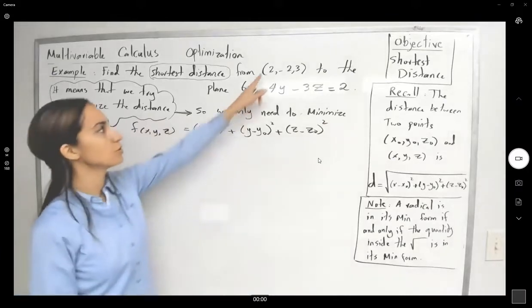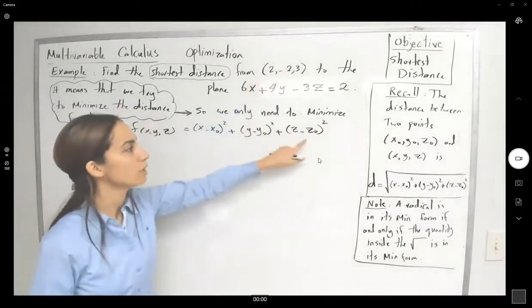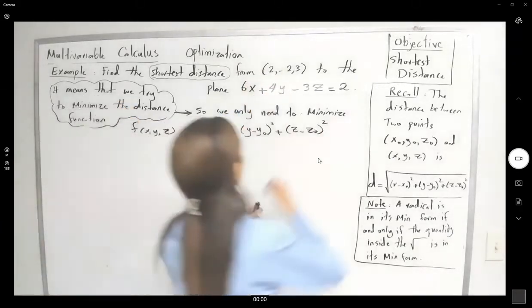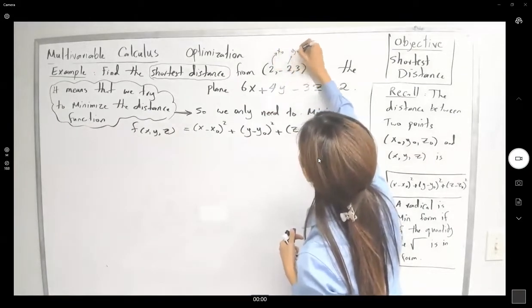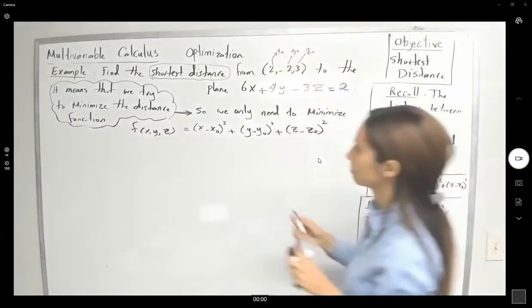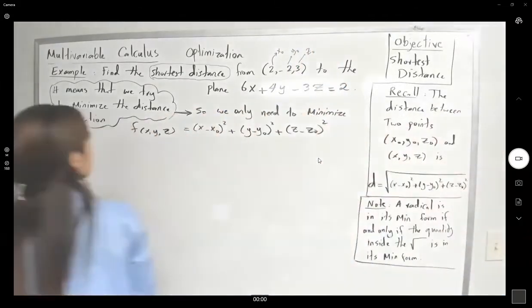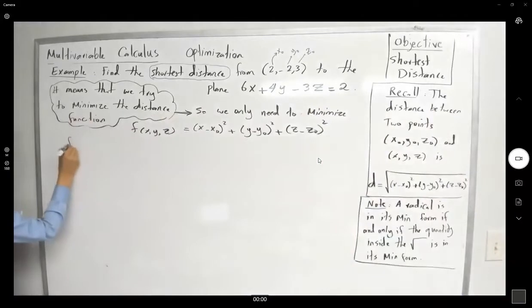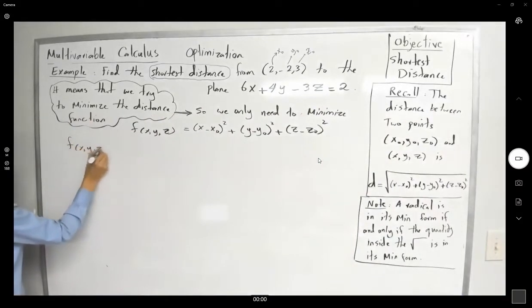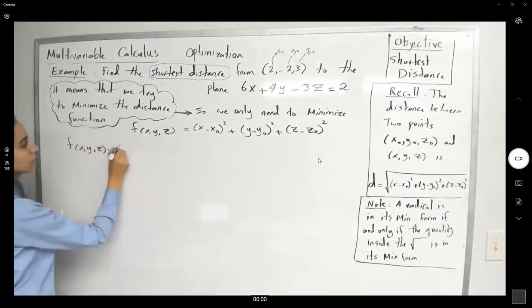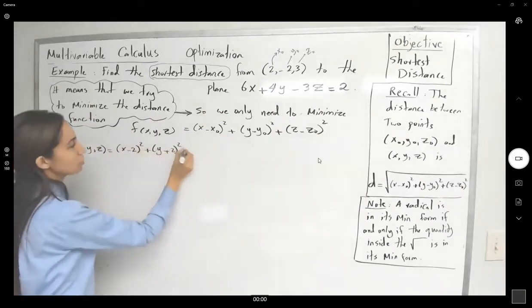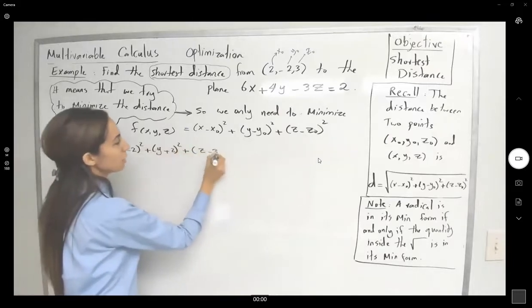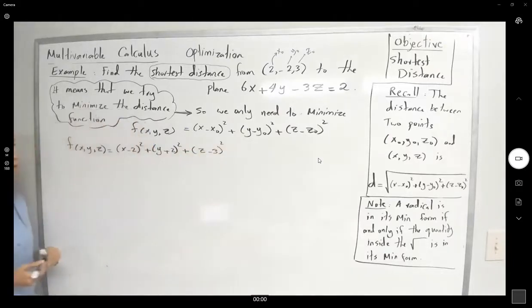So x sub 0 is 2, y sub 0 is negative 2, and z sub 0 is 3. So let's identify these. Very well. So f of x, y, z is equal to x minus 2 squared, plus y plus 2 squared, plus z minus 3 squared. So this is my function that I try to minimize.